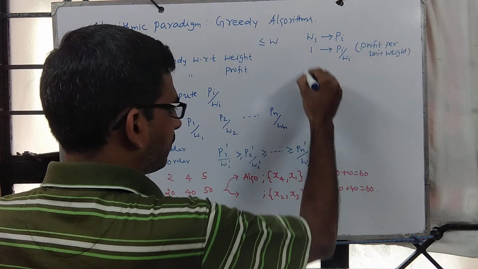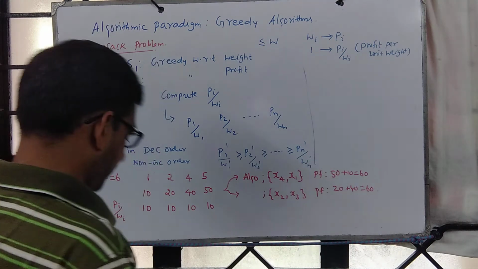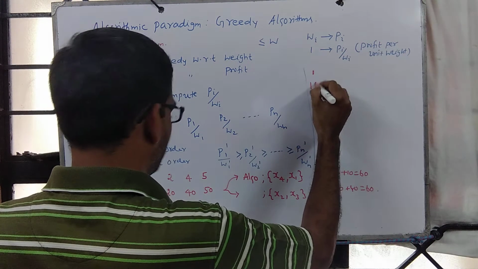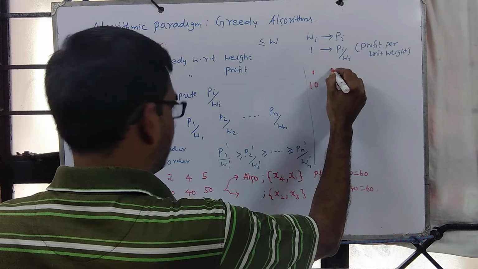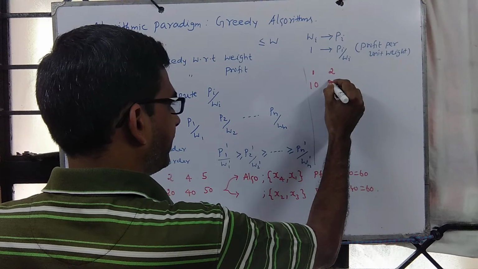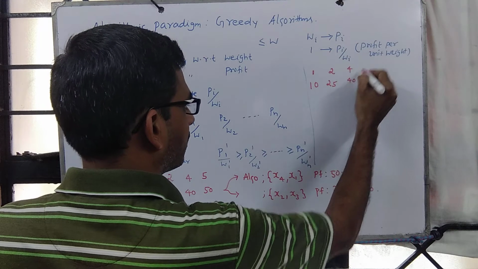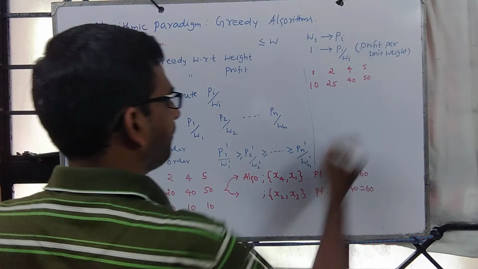Then we add one more example wherein we changed the second one alone from 20 to 25, and the rest all remain the same, right?